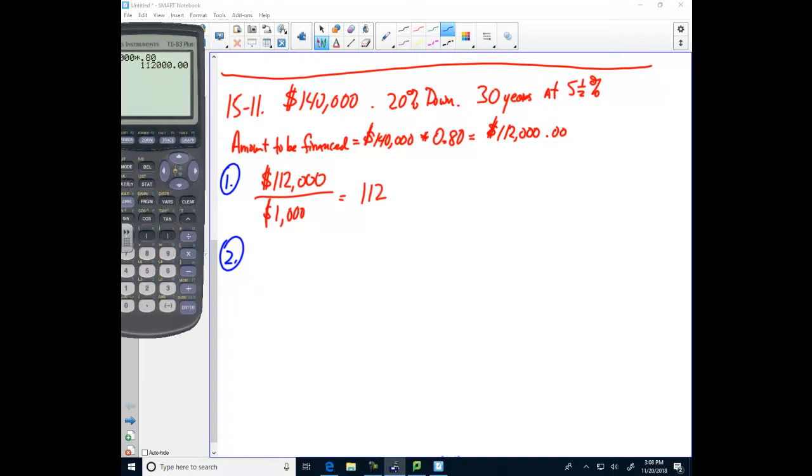Step two, look up the rate and the term in the amortization table, which is 15.1.